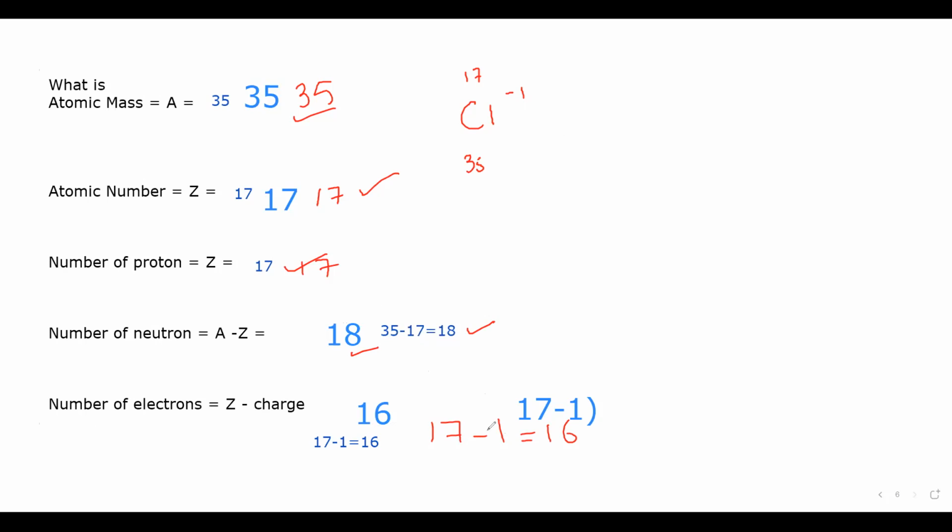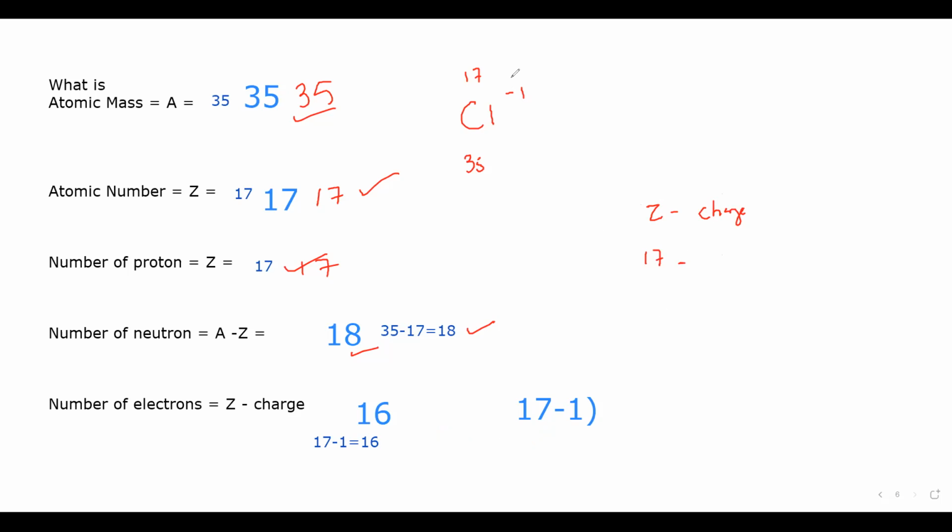But there's a small mistake because it's a negative charge. A negative charge means it should have more electrons. So when you are doing Z minus the charge, you should keep the rules of mathematics in your mind. The formula is Z minus the charge. Z is 17, minus the charge.